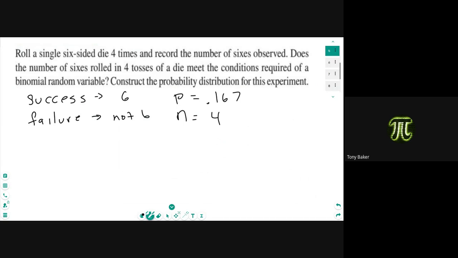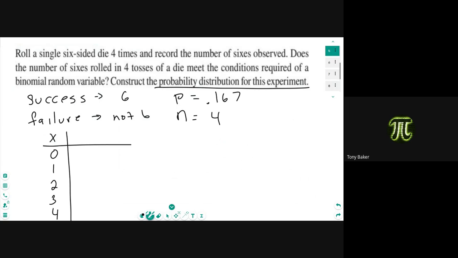Okay. And they want us to construct a probability distribution. That means I need to have all the possible outcomes. So remember, X is my successes, right? So I can have no 6s. I can have 1 6. I can have 2 6s. I can have 3 6s, or I can have 4 6s, correct? That's the only ways that I can have that, right?